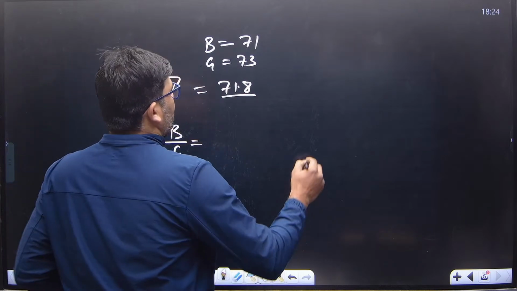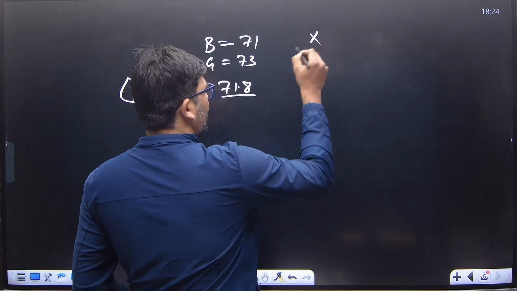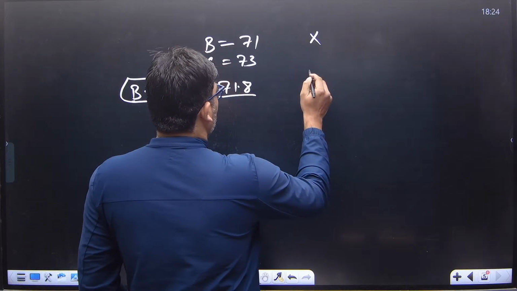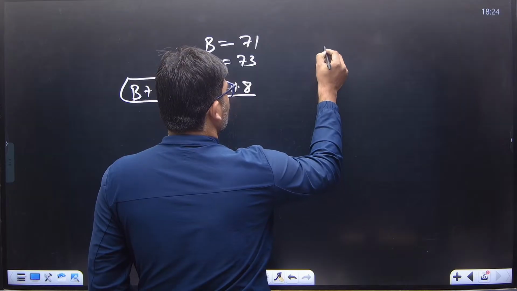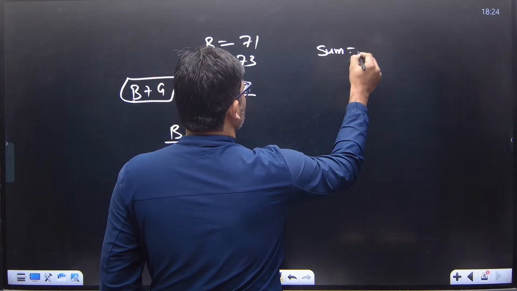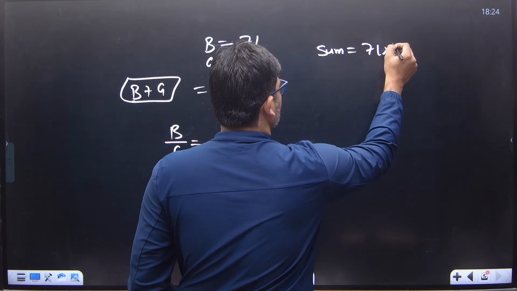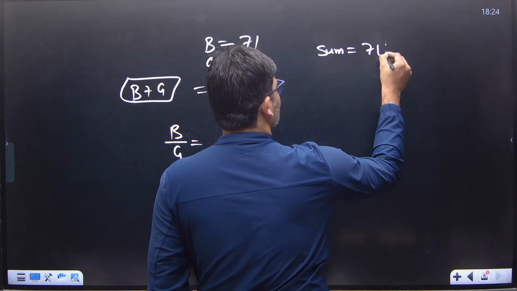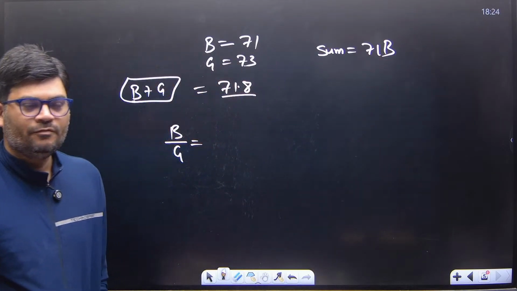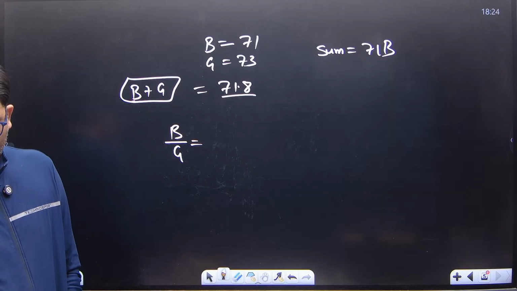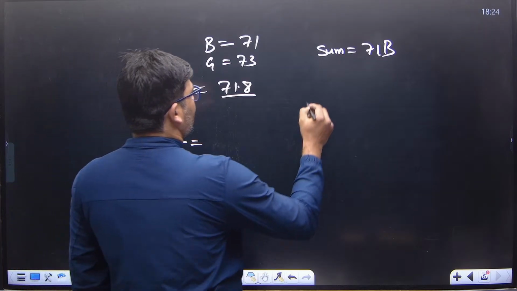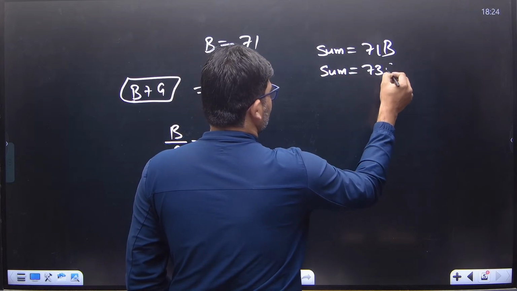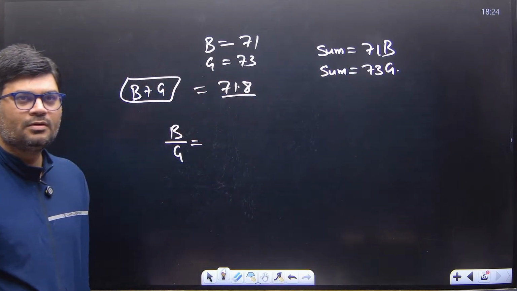So let us say the number of boys is B. The total sum of all the boys will be 71 times B. The total sum of all the girls will be 73 times G. Are you getting it?